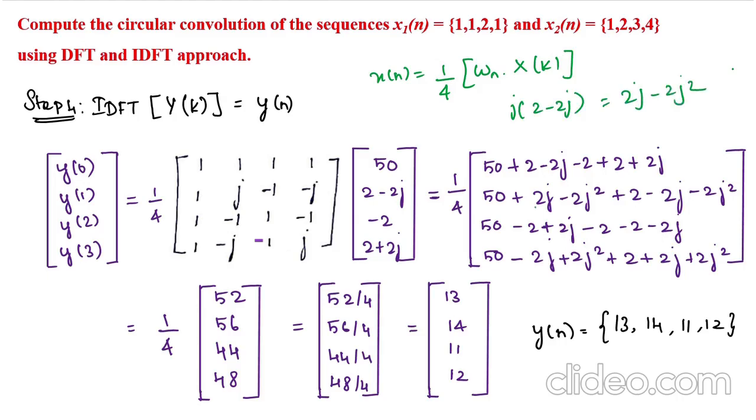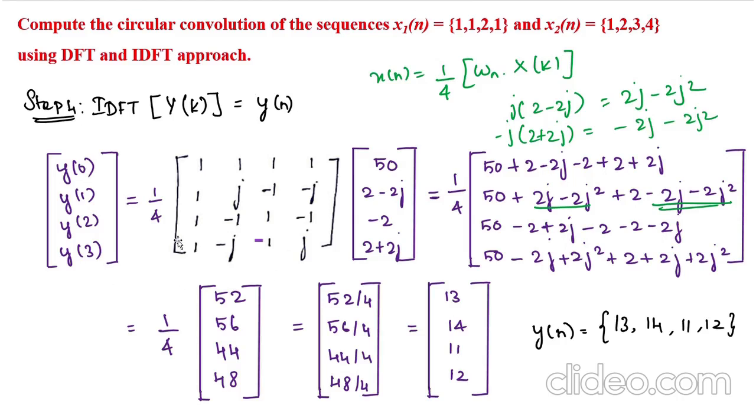That is what is written here. And minus 1 into minus 2 is plus 2, minus j into 2 plus 2j. So now minus j into 2 plus 2j will be like minus 2j minus 2j square. So that is what is written here.